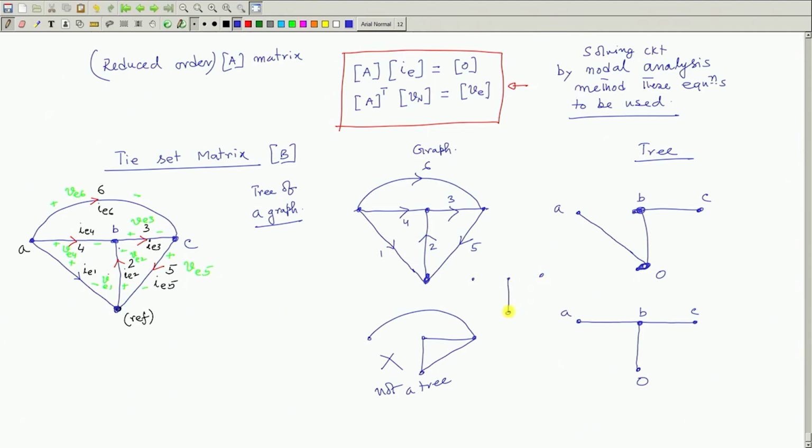Somebody draws like this and says that no closed loop is there, should I call it a tree?